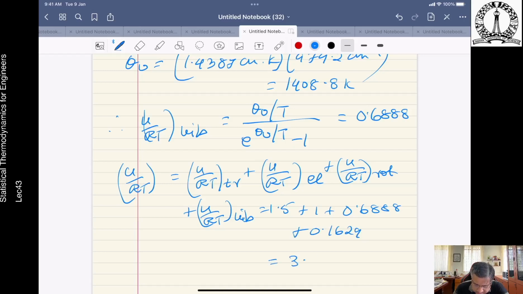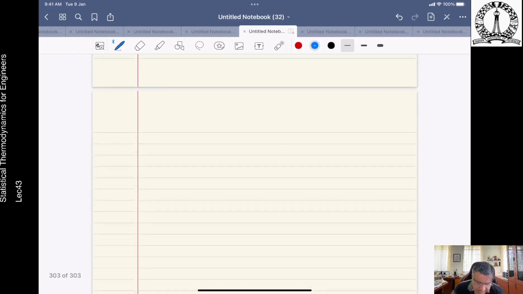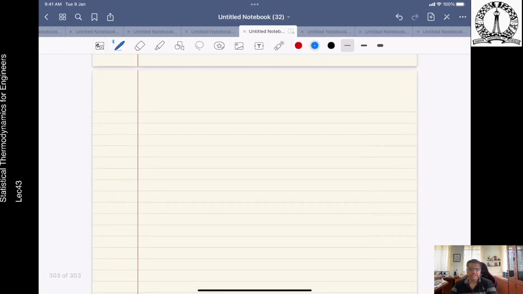It's given as 3.3517. Okay, so the final calculation of internal energy therefore will be multiplied by RT. It will be 555.735 kilojoules per mole. Okay, so that is interesting. So this gives you a nice insight on how to calculate the whole thing.